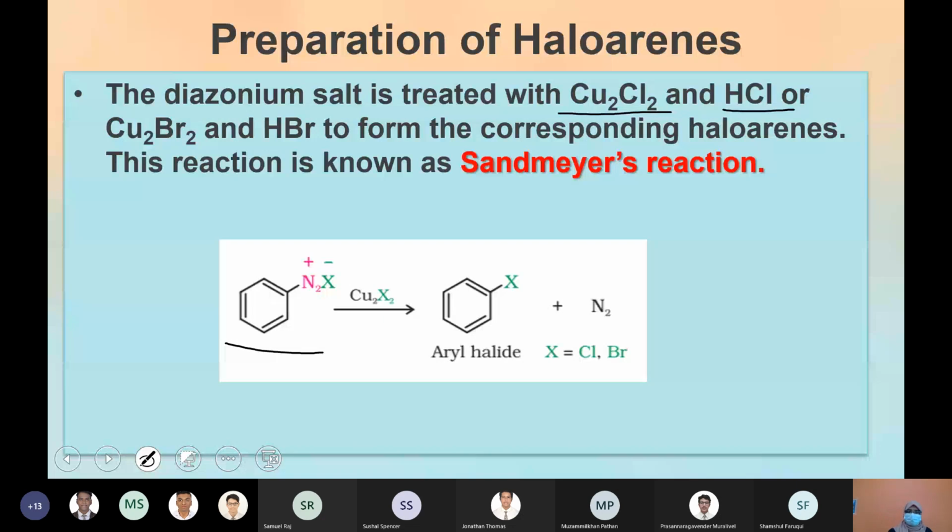If you need bromine to be substituted, then you will take Cu2Br2 in presence of HBr. So basically, it's only for chlorine and bromine products. You can't prepare fluoro or iodo compounds in this Sandmeyer's reaction. So the first step is diazotization. The second step is treating this diazonium chloride with copper halide.